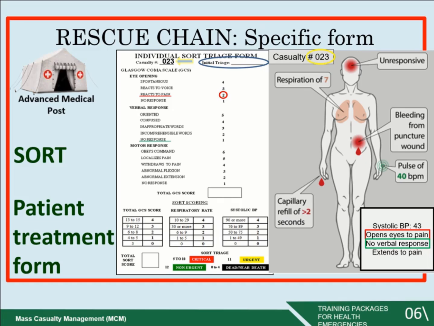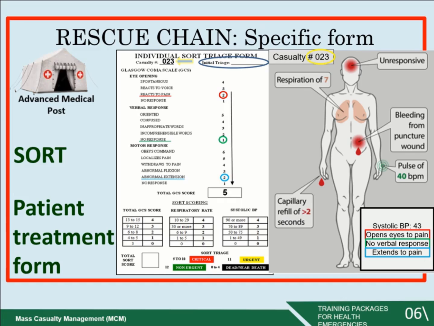Referring to our verbal response scale, no response has a numerical value of 1. Lastly, for the motor response, our patient extends to pain, and abnormal extension has a numerical value of 2 in our GCS scale. If we sum this all up, we get a total GCS of 5.